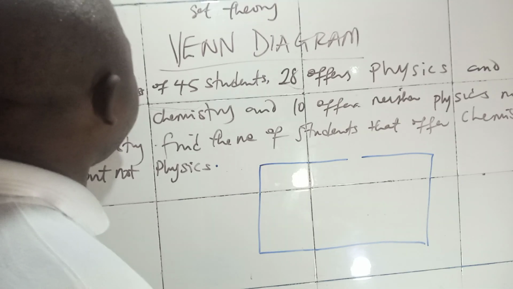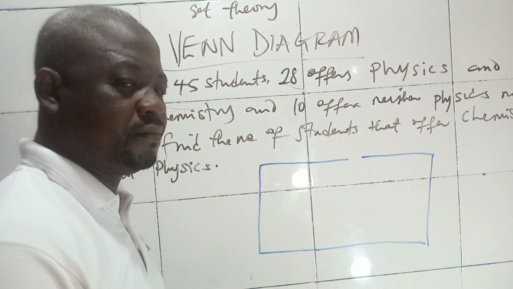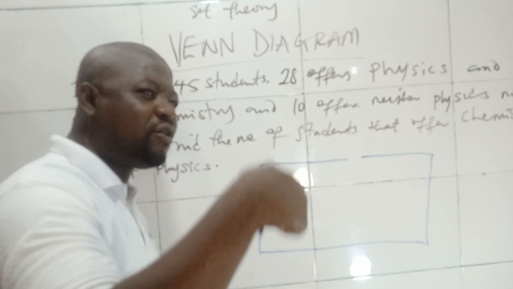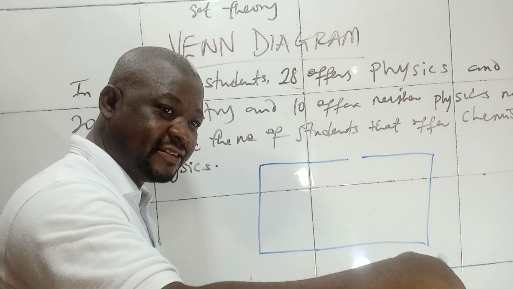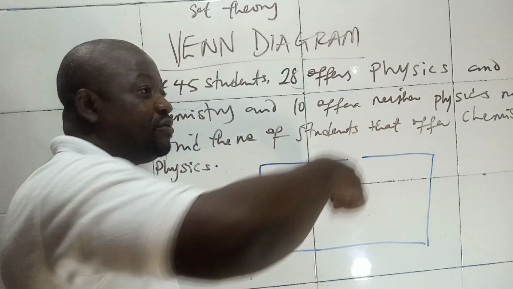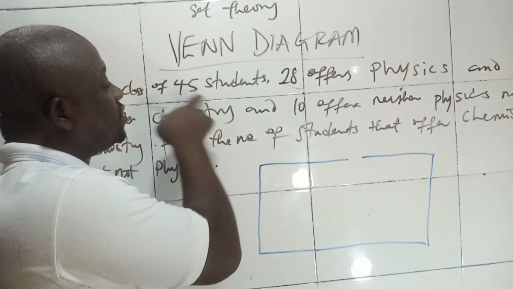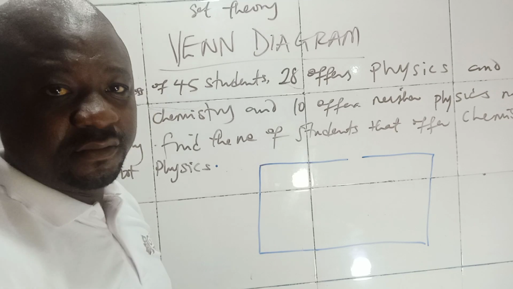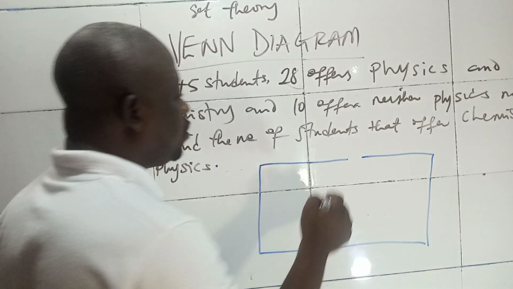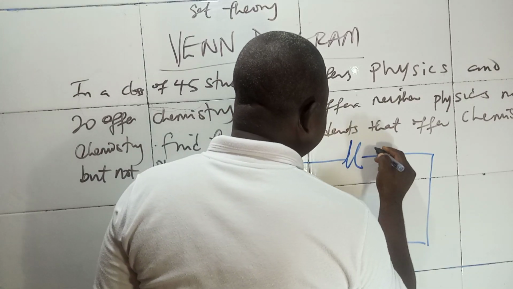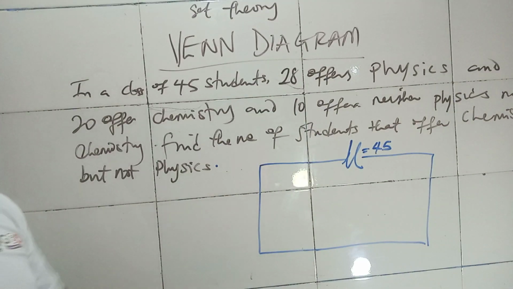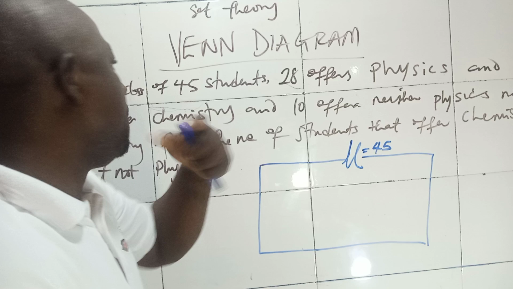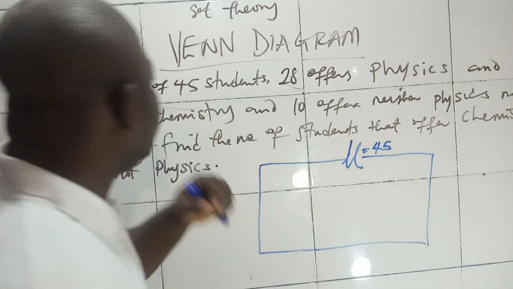They said in a class of 45 students, meaning that the universal set, either they offer physics or chemistry, will be from these 45 students. So the universal set is equal to 45.